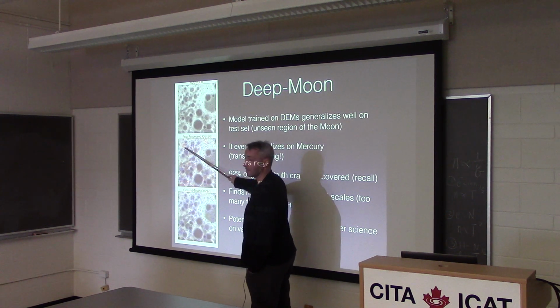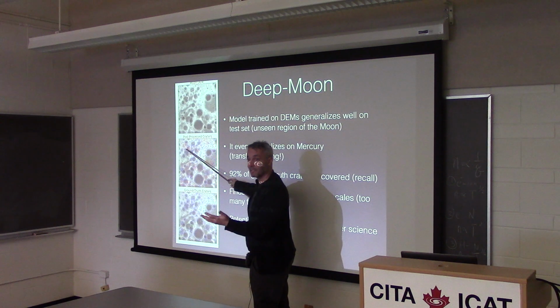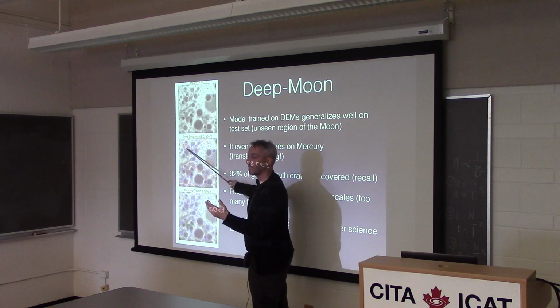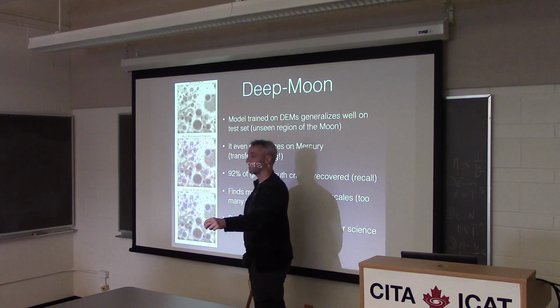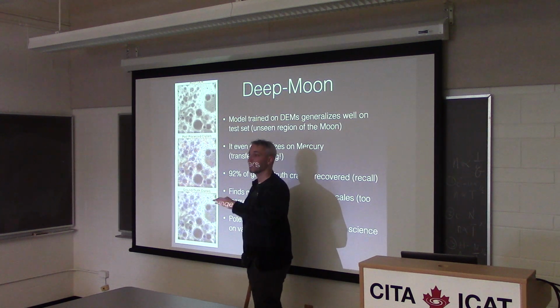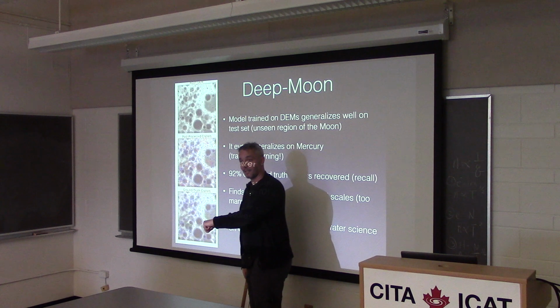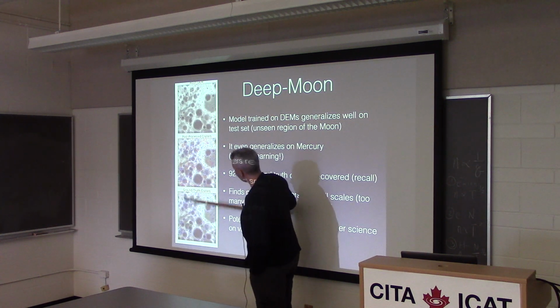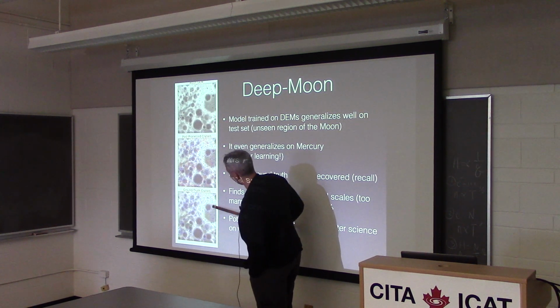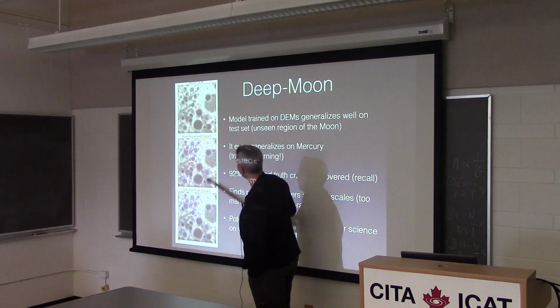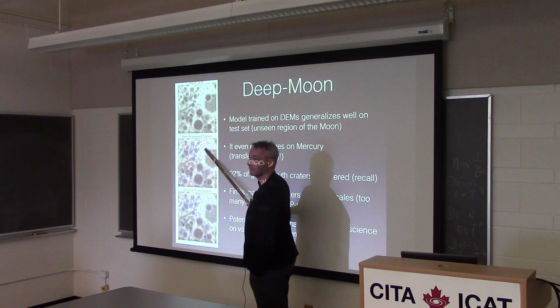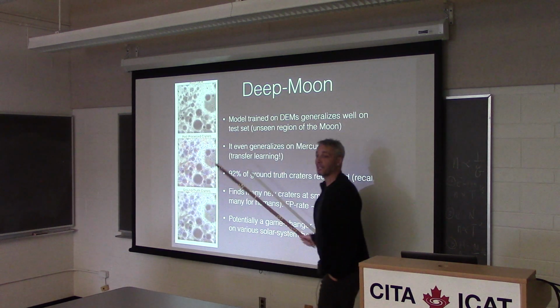The red are new ones that, by looking at them, would say look pretty good actually. The humans don't have time to go through millions of craters, because they're too small and there are so many of them that you just cut off at some size. But the machine can go to smaller sizes. And then there are some craters in green here that were in the ground truth, especially the large ones, that are not recovered in the prediction. But the numbers are looking good.